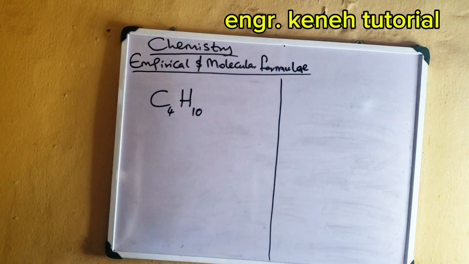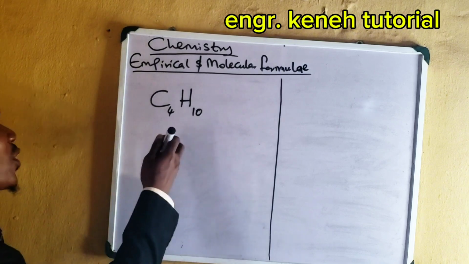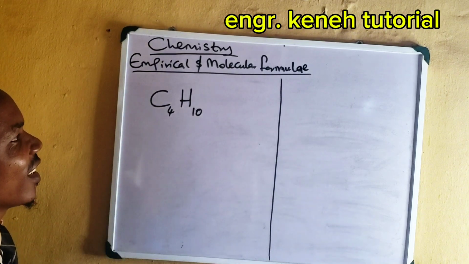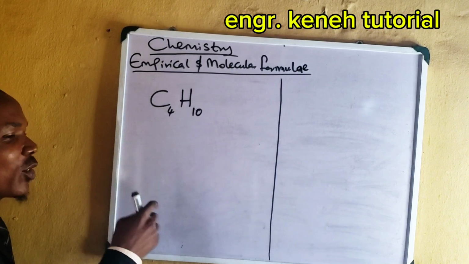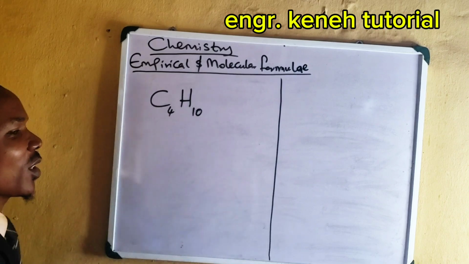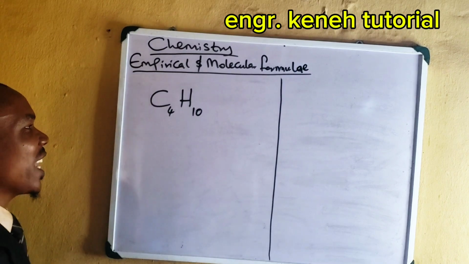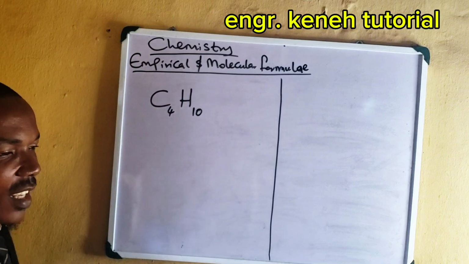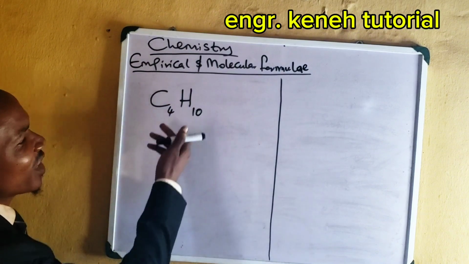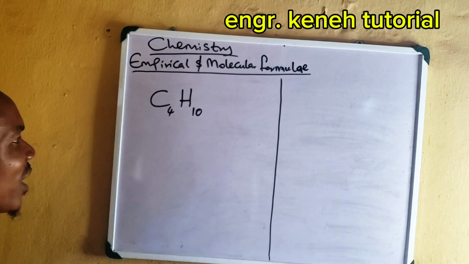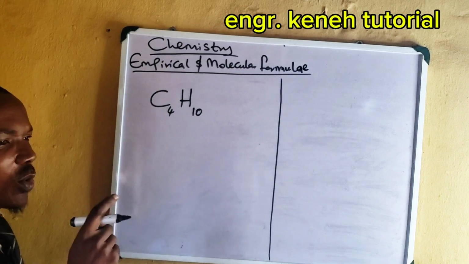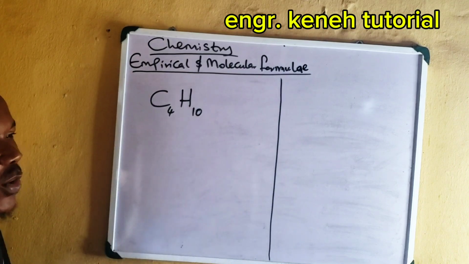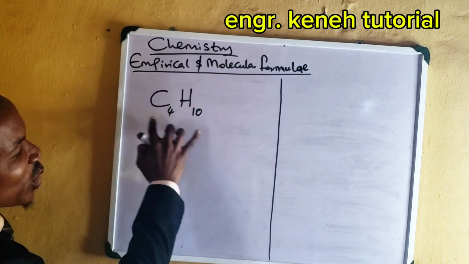Why do I say that this is the molecular formula? Because this formula shows the actual amount of carbon in this compound. It shows the actual amount of hydrogen in this compound. When you have something like this, you say that this is molecular formula. But when you want to find the empirical formula of this, you have to reduce this to lowest term.